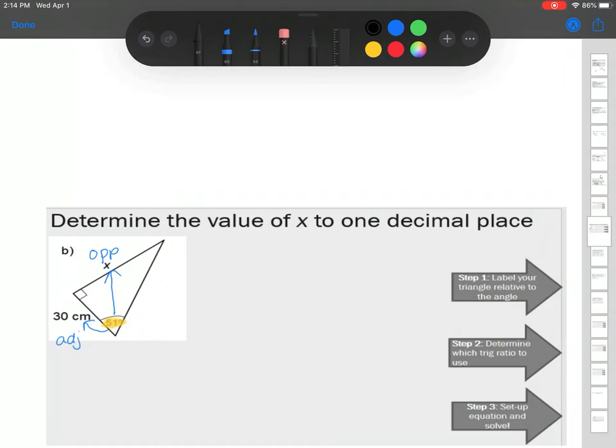I don't want to write it on here because we are not given the side opposite to the right angle, the longest side, the hypotenuse. So I'm not even going to label it on there. You certainly can, but just be wary because we're not going to use that.